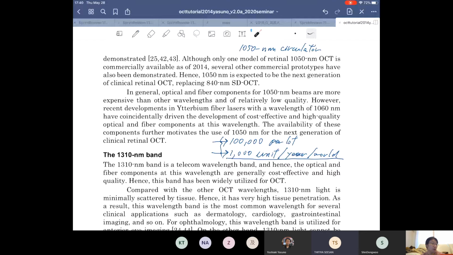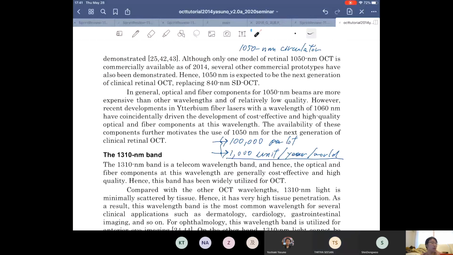So, summarizing the story: nothing changed from the OCT perspective, but there was a booming of the 1060 nanometer band in telecom, and it made the optical components used in OCT cheaper. It finally made the 1050 nanometer OCT cheaper, and it became a standard device in ophthalmology.